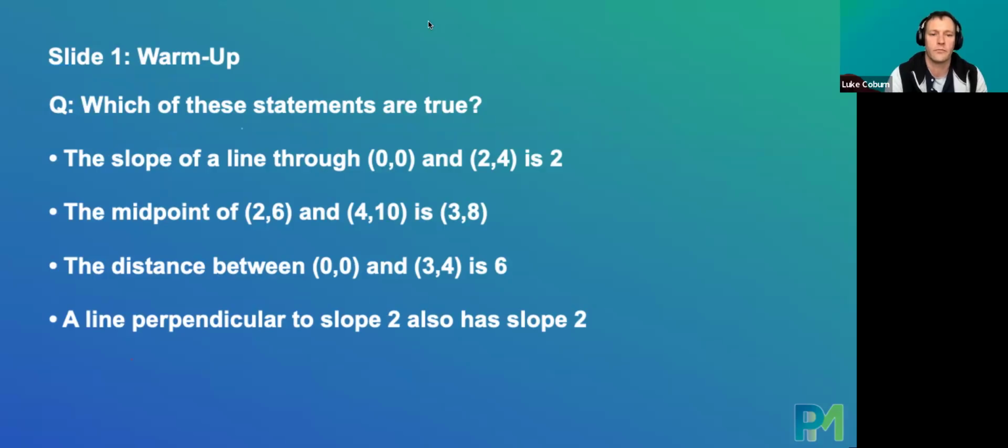The first one is asking us to check which of these statements are true. The slope of the line that goes through 0, 0, and 2, 4 is equal to 2. Does that make sense? Slope of the line is y2 minus y1 over x2 minus x1. That's m.